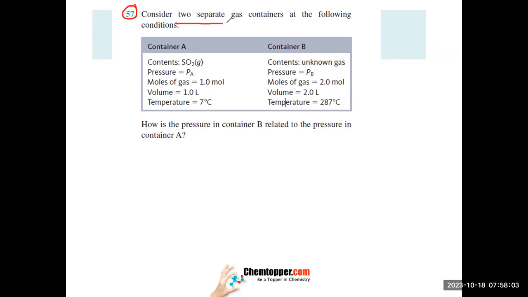Two separate gas containers. Their volumes are different. You can see container A, gas is this, pressure is PA, moles, volume, and temperature are given. Container B, pressure is this, moles is this, volume is this, and temperature is this.